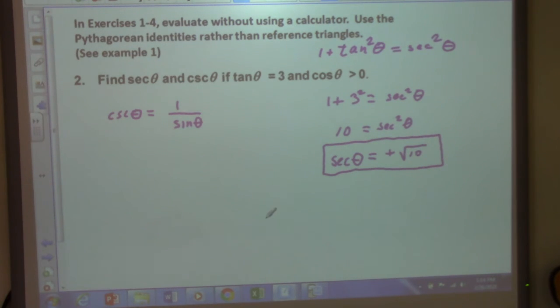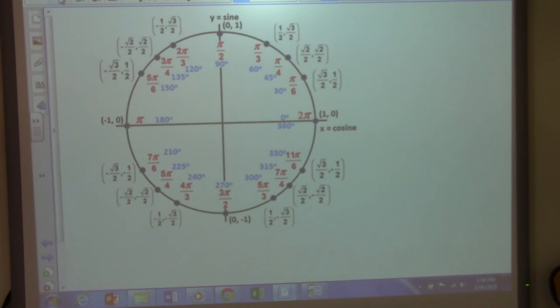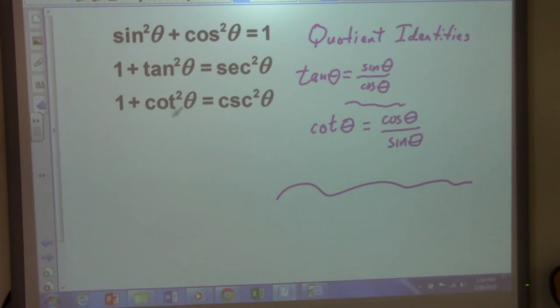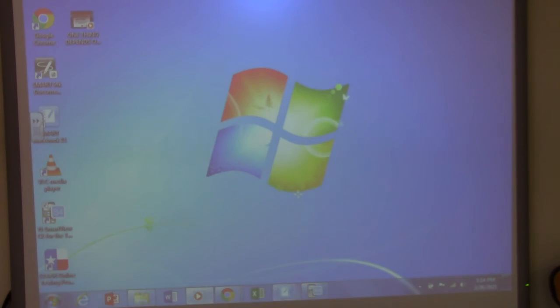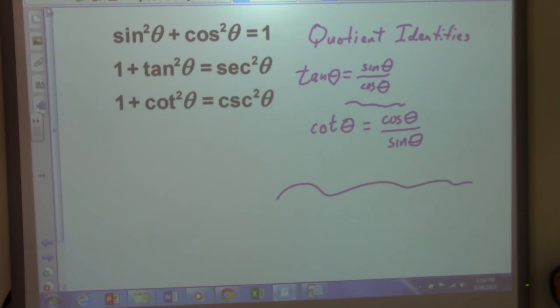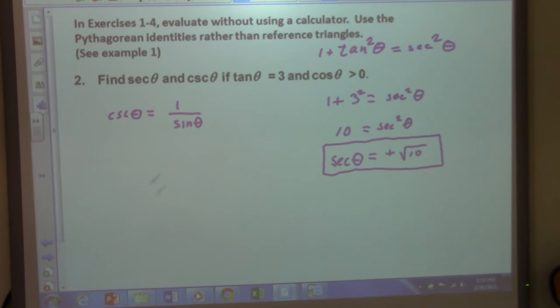We have the other trigonometric identity, don't we? We have this one. We have 1 plus cotangent squared equals cosecant squared. Well, we have that. That's what I did. Really? Okay. Let's look at that one. So 1 plus cotangent squared theta equals cosecant squared theta.